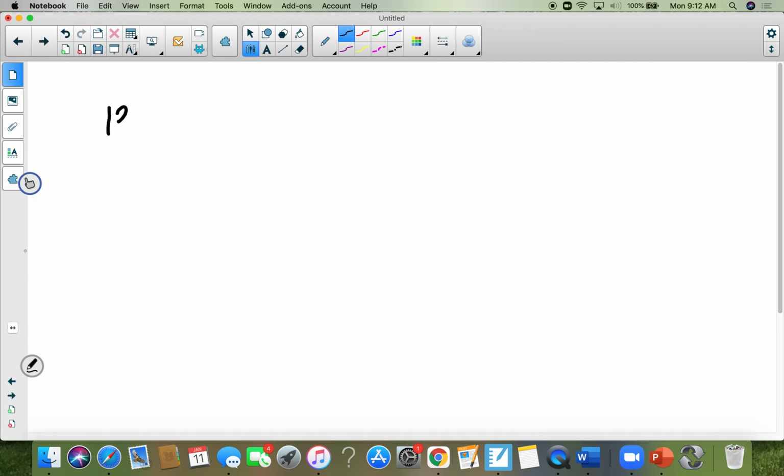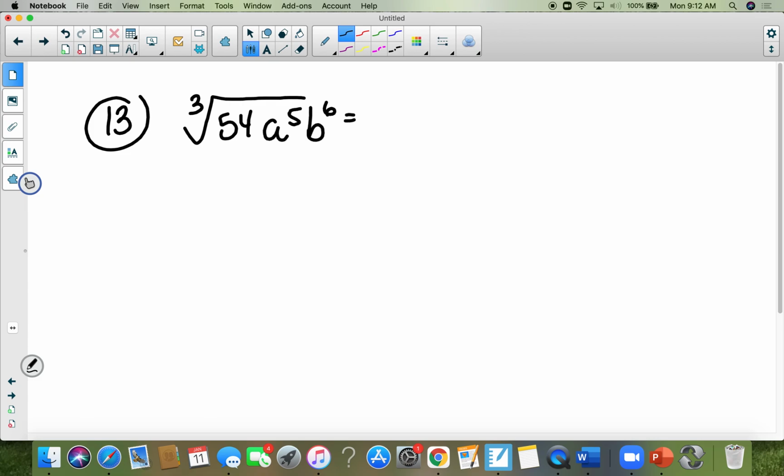Number 13 is the cube root of 54, A to the 5th, B to the 6th. 54 is made up of 9 and 6, which is made up of 2 3's, a 2, and a 3. I'm looking for 3 of something.